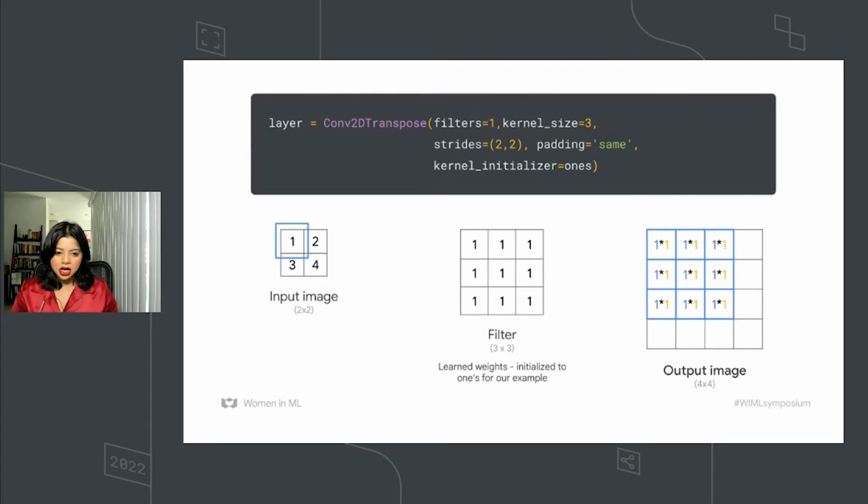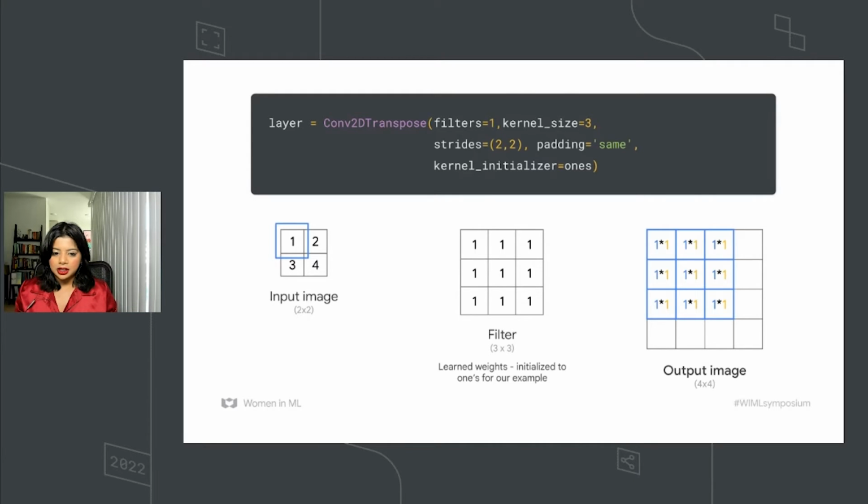So let's start with the first value. We take the 1 and we're essentially multiplying that value with the entire filter. So in every place we'll get 1 times 1, as shown in the output image.